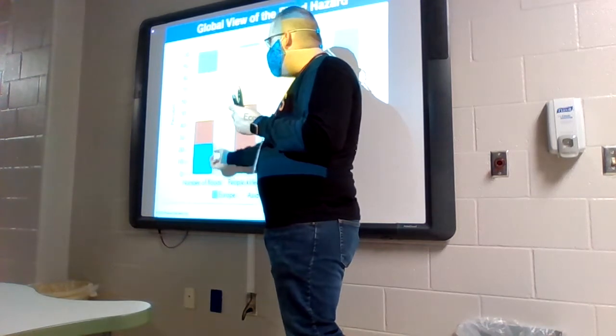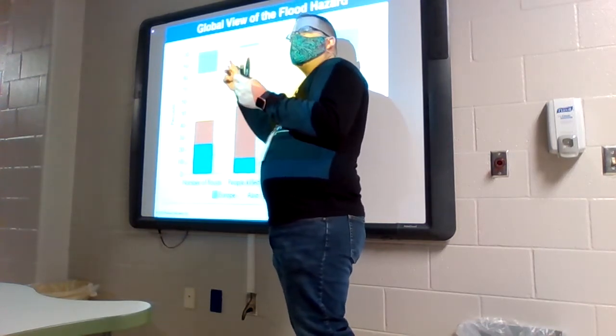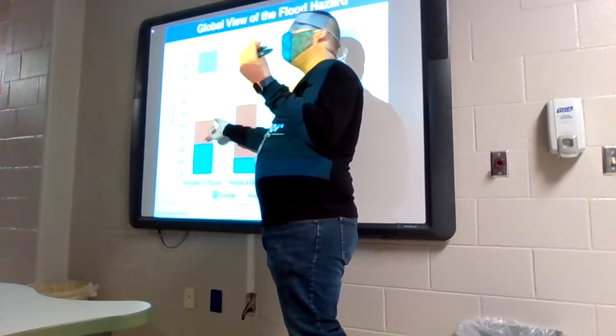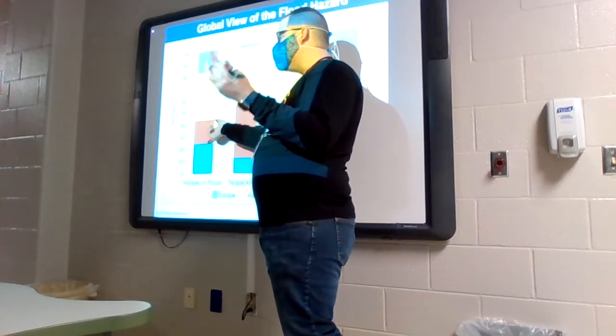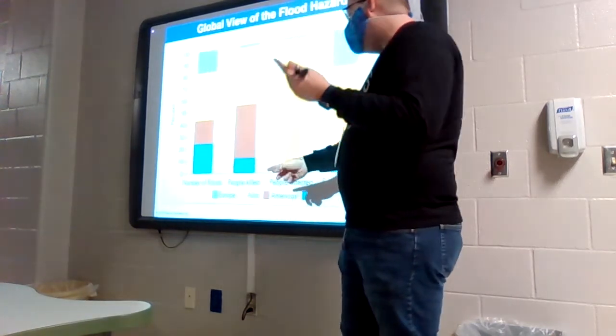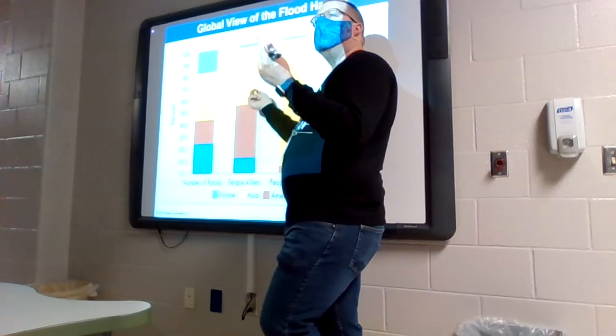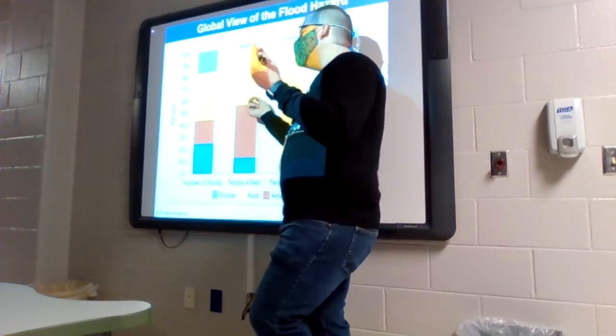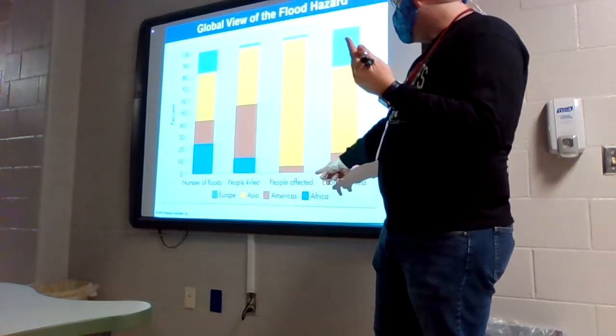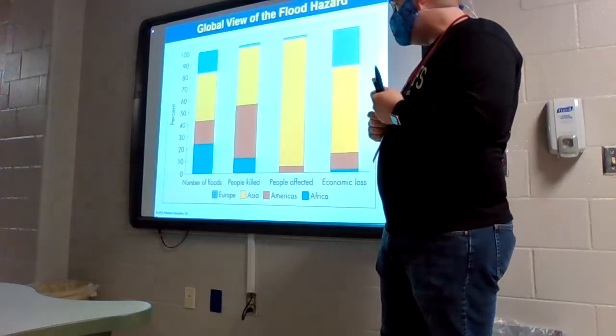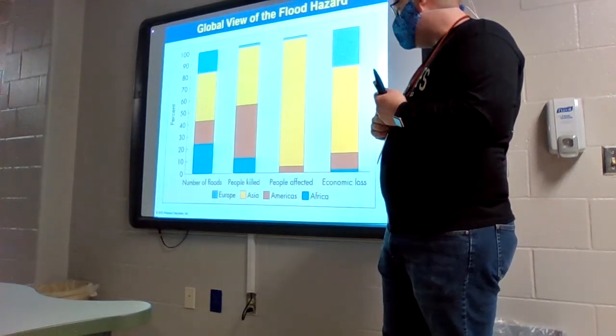We've got one of the smallest portions of floods. So we receive relatively the least amount of floods, or close to the least amount of floods. But our number of people killed is higher. And people killed is higher, people affected is lower.